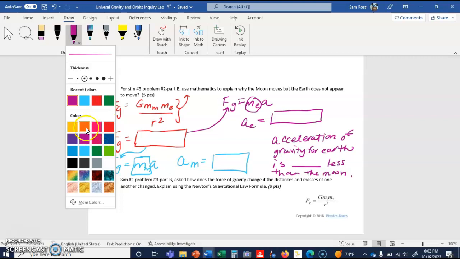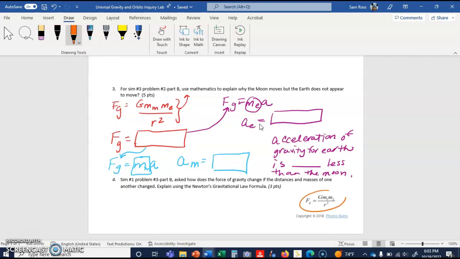I think I can fit this last part in. It says Simulation 1, Problem 3, Part B, asked how force of gravity would change if the distances and masses of one another changed. Explain using Newton's gravitational law formula, which is right here.